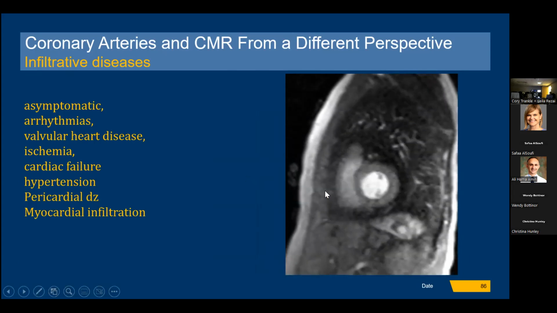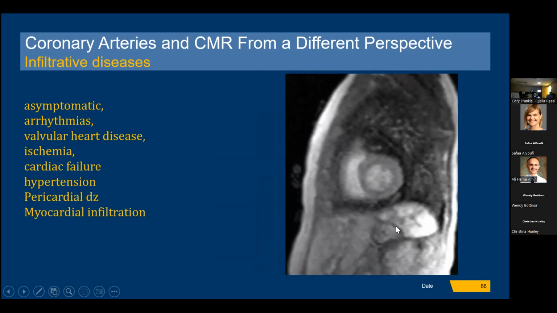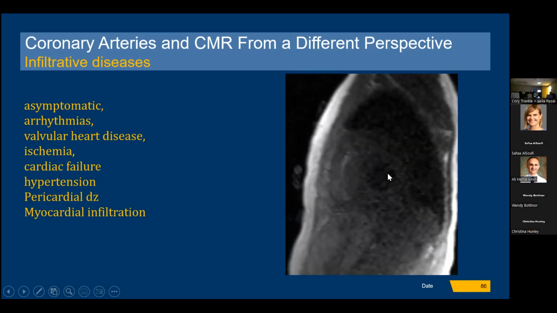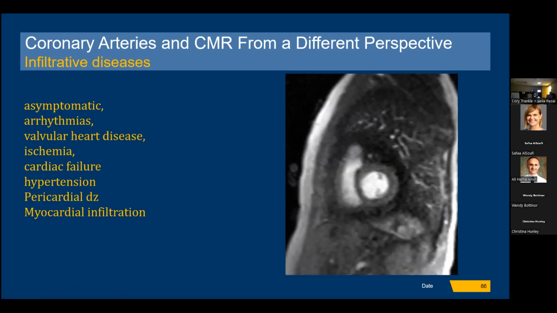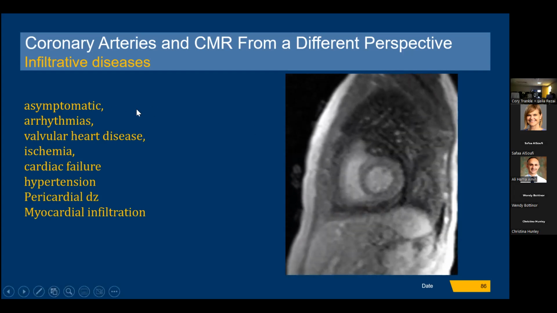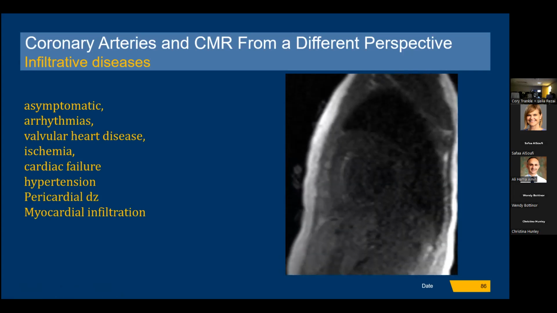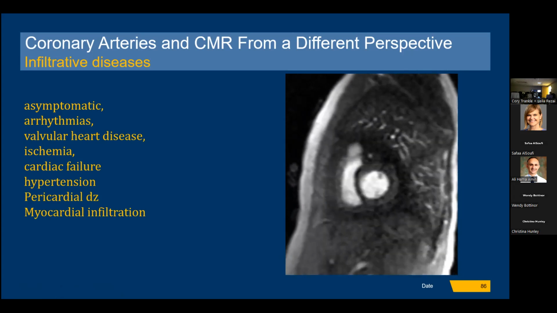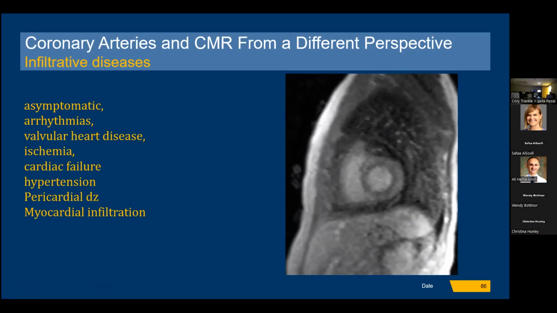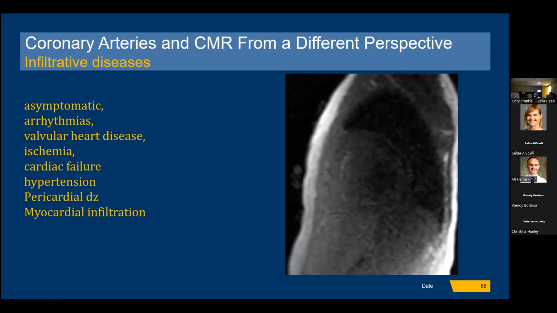Right. The same patient has a rest perfusion, and we see that the soft tissue does not enhance, at least immediately. So what can happen if we have cardiovascular involvement? The patient can be asymptomatic, but there is an array of symptoms that can happen, including arrhythmias, involvement of valves, ischemia, heart failure, and hypertension.